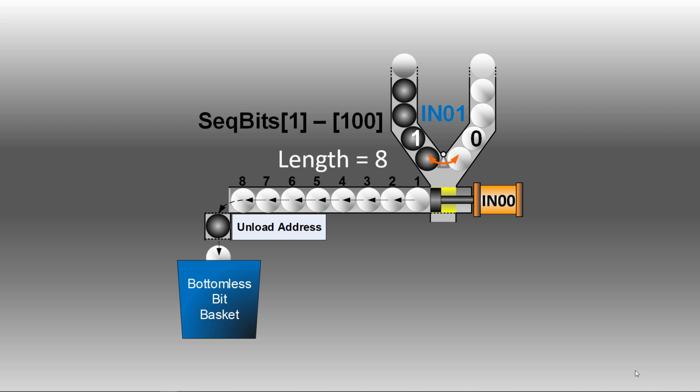And our actual array is 1 through 100. So we have 96 inches of conveyor, and we have 100 bits, 100 booleans.